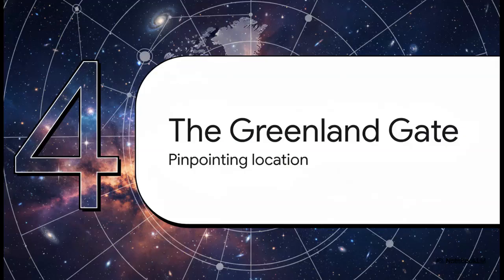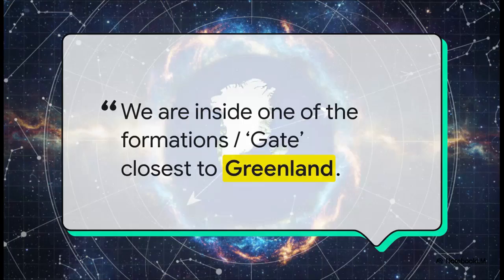Section 4, the Greenland Gate. Time to pinpoint our location. According to the author's direct interpretation of this cosmic map, they state, quote, "We are inside one of the formations or gate closest to Greenland." So the author is using the satellite view as a literal "you are here" marker for our specific location within these celestial bodies.